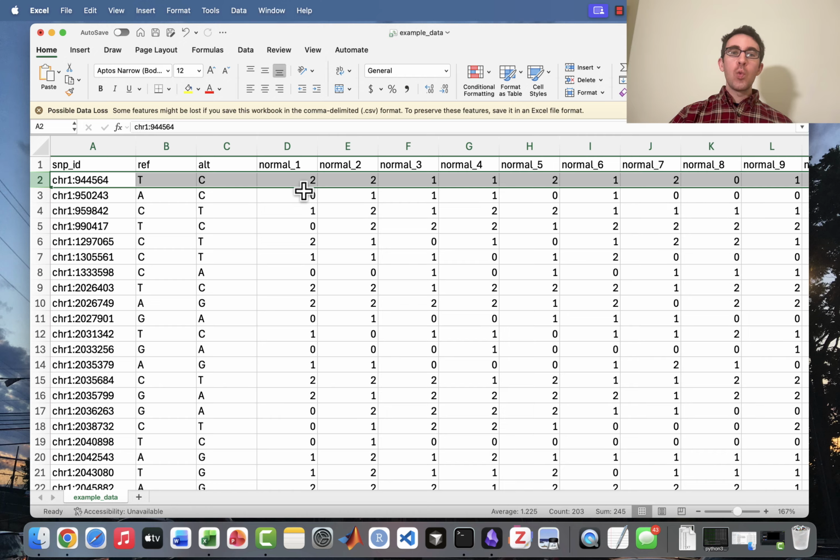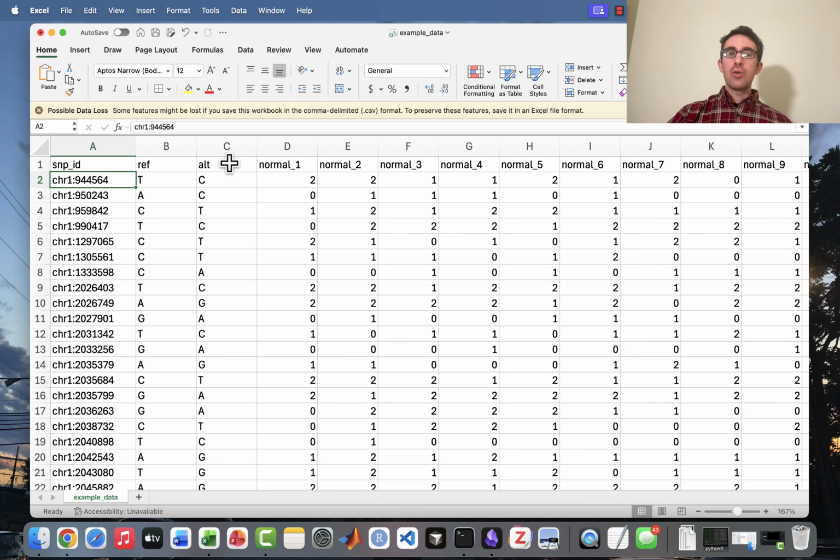Because remember, we have 2 copies of each chromosome, so there's 2 copies of this chromosome position in each person. So they could have 0, 1, or 2 copies of the alternate allele.